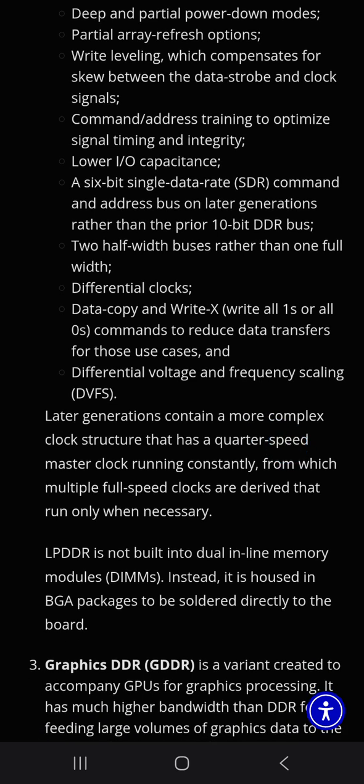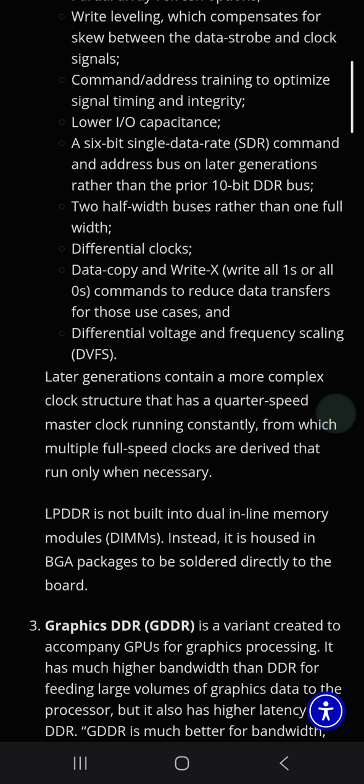Later generations contain a more complex clock structure that has a quarter speed master clock running constantly, from which multiple full-speed clocks are derived that run only when necessary.